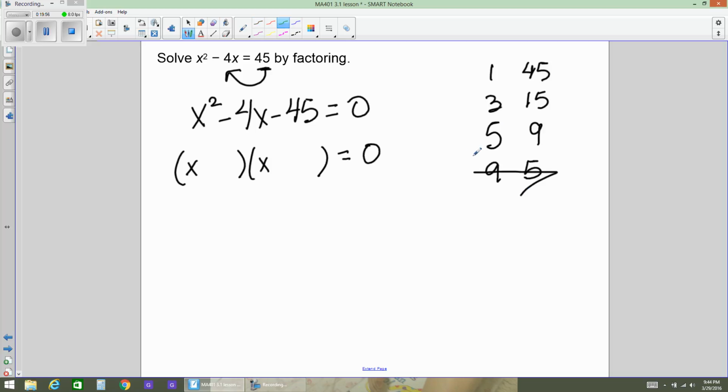I said 4, didn't I? Well, I want a negative 4. So how would I combine a 5 and a 9 to equal a negative 4? I would have to use a positive 5 and a negative 9. So that's exactly my answer. x plus 5 times quantity x minus 9.